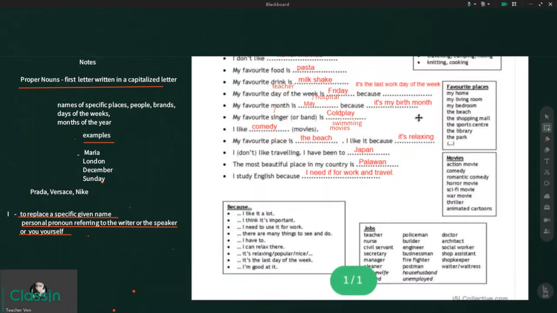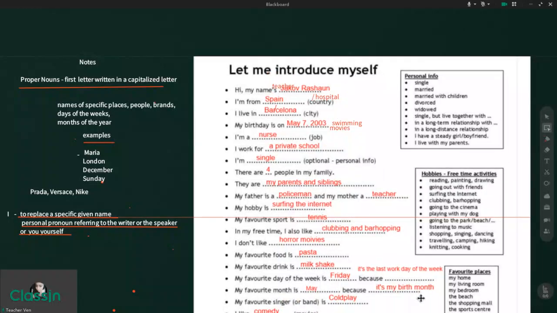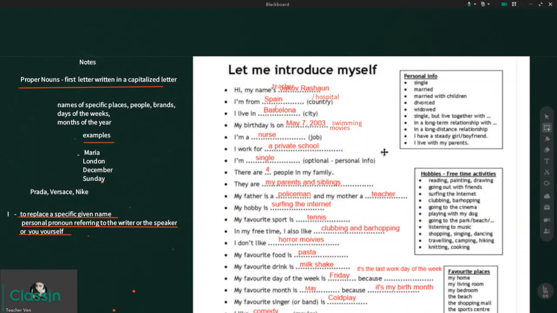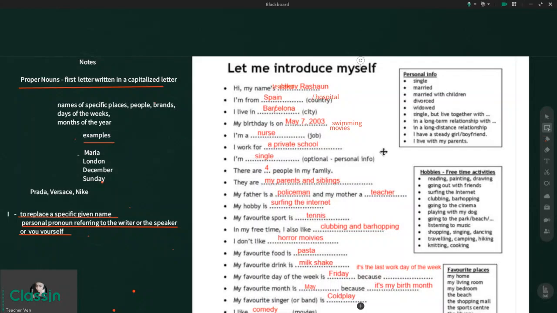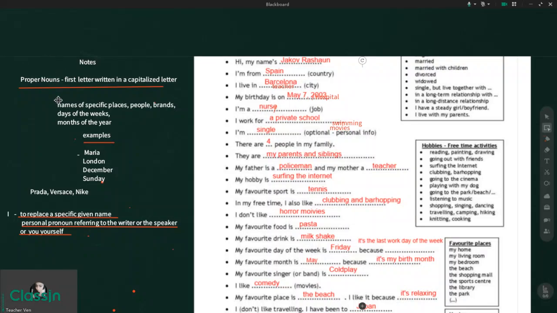Okay, so again, start from the top. This is an example of how you fill up a personal data sheet, for example, for work that you are applying for. Okay, just remember these notes that we have.